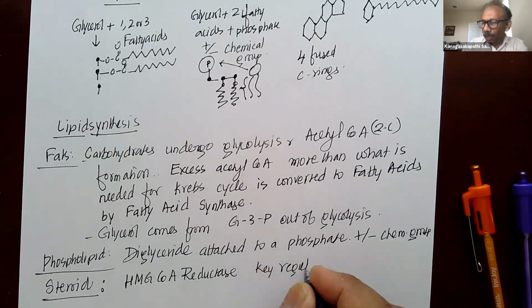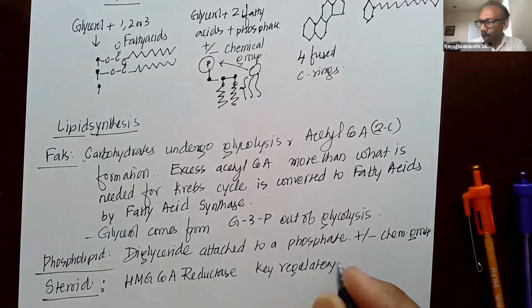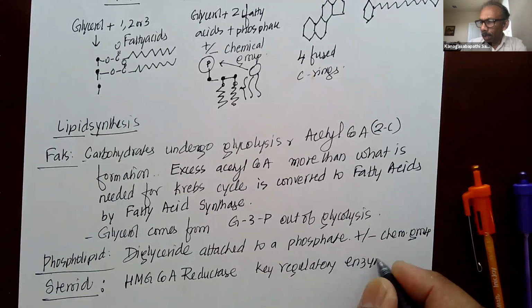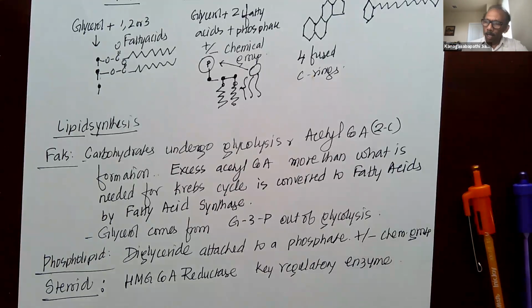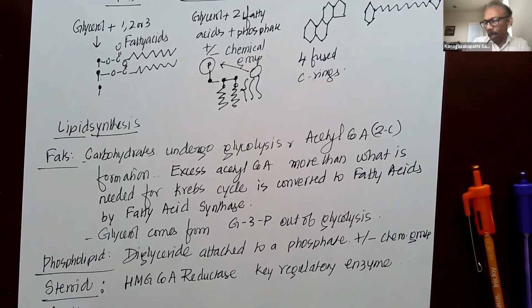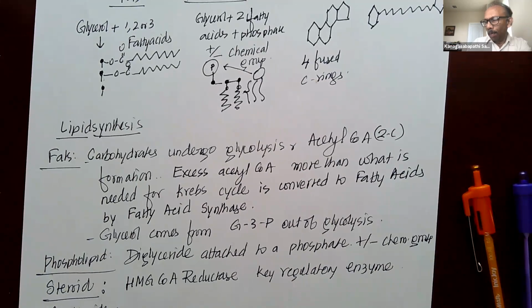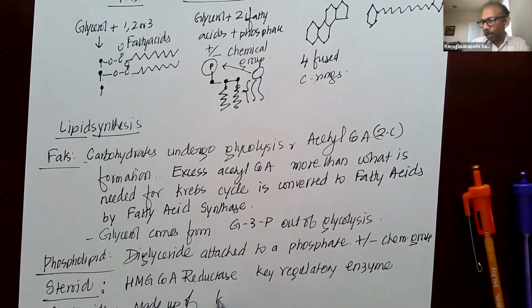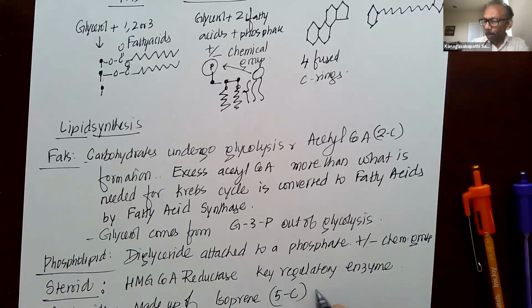Many of the statins that we consume are used to inhibit this enzyme to make cholesterol in the liver. And carotenoids, on the other hand, are made up of isoprene units. Isoprene is a 5-carbon molecule, and that's a level of detail you need to know.